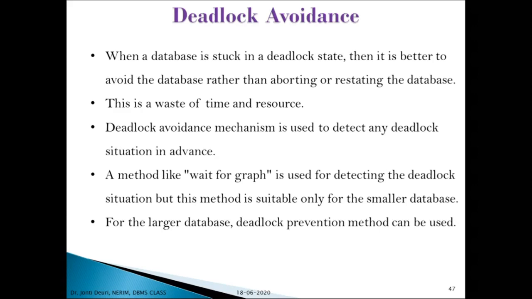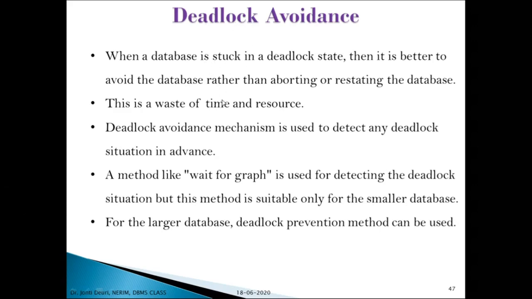For example, if you know that COVID is already present in some place, then you can escape that place. You can avoid that place so that you are not going to become positive. I'm just giving one example like that. Deadlock avoidance is like this.